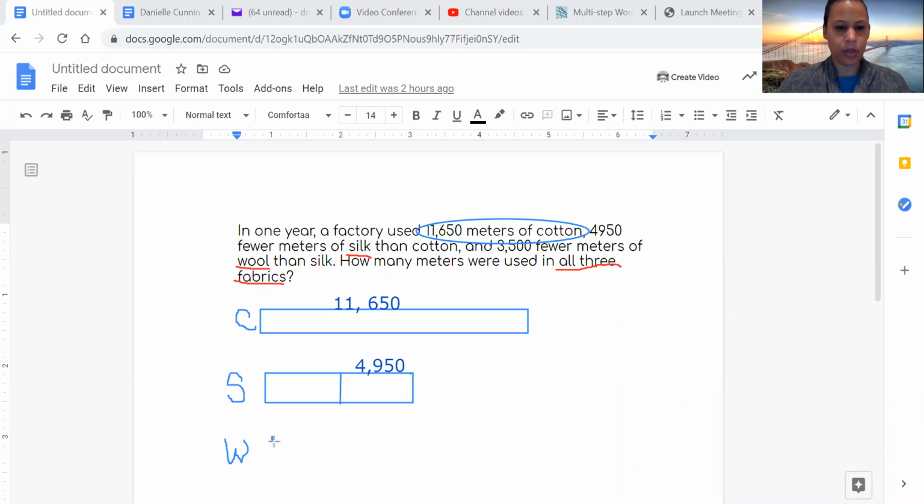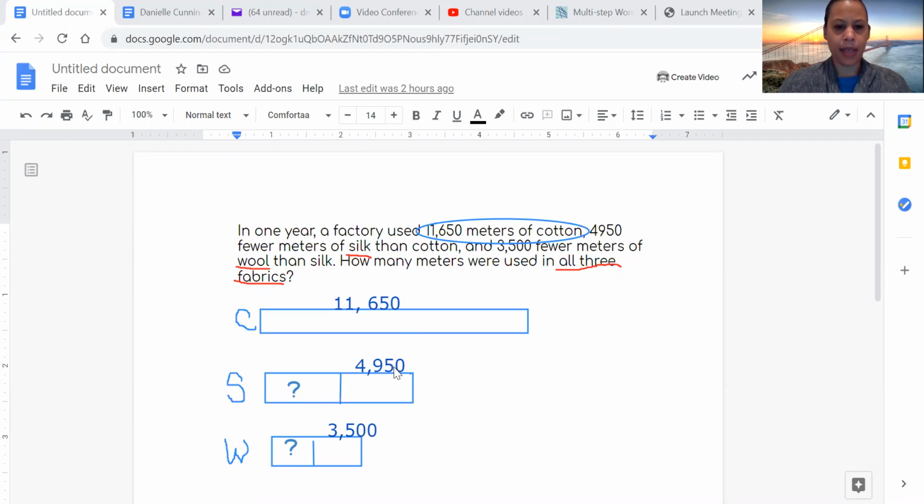And we'll make this shorter than the silk. And we know for our wool, we know that it's 3,500. So we need to figure out right here and right here of the problem.